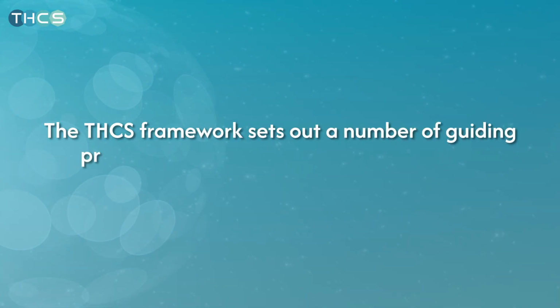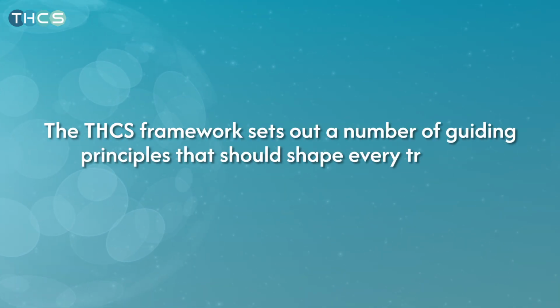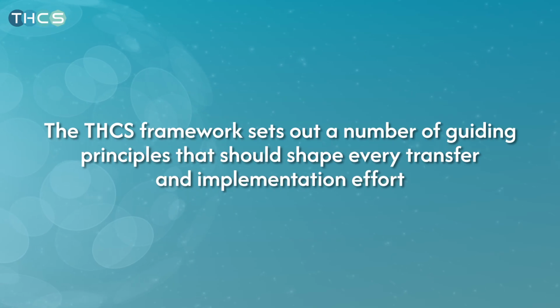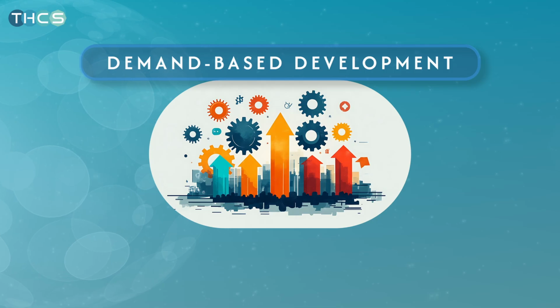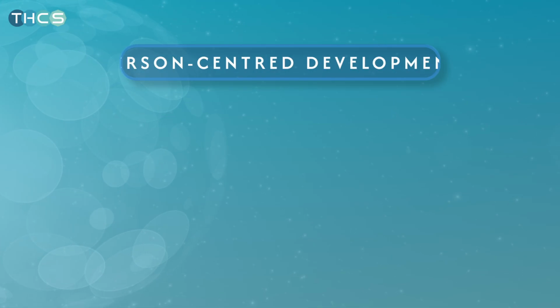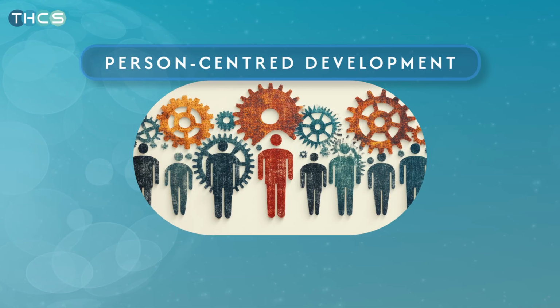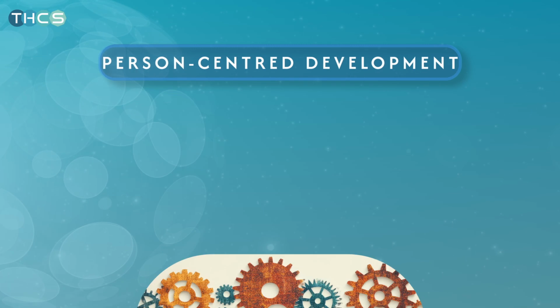The THCS framework sets out a number of guiding principles that should shape every transfer and implementation effort. Start with demand-based development. Your activities should be driven by real needs in your system. Then, ensure person-centered development, where the needs and goals of patients, clients, and citizens are at the center of the process.